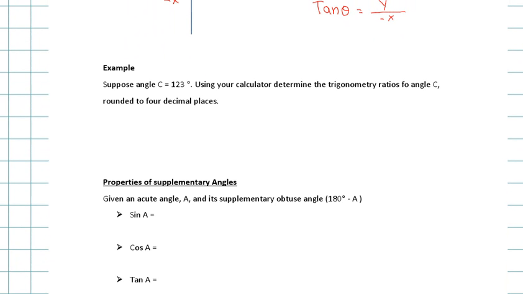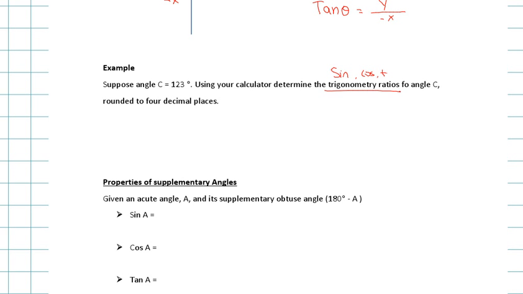What are the trigonometric ratios? Sine, cosine, and tan. That's right. So when the question is asking you to determine the trigonometric ratio, you have to find sine 123, cosine 123, and tan 123. Whenever the question is asking you trigonometric ratio, they're asking you to find sine, cosine, and tan.